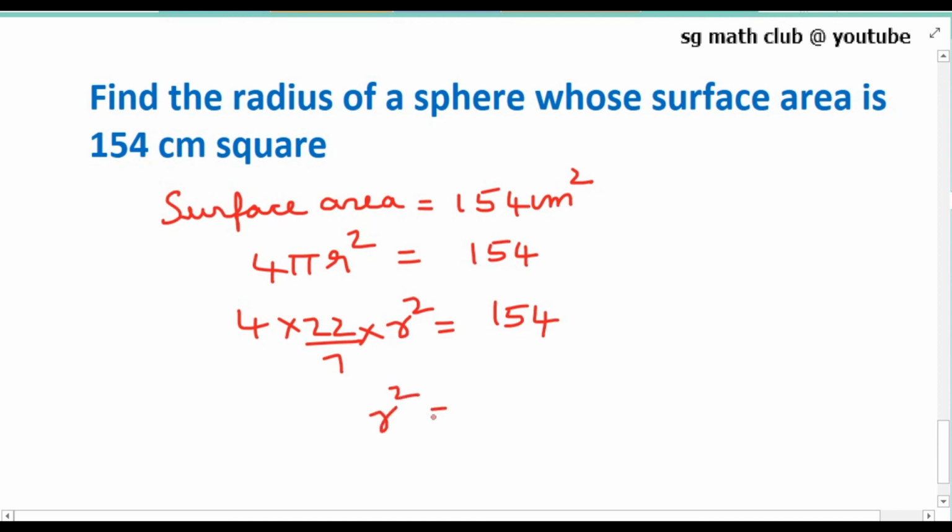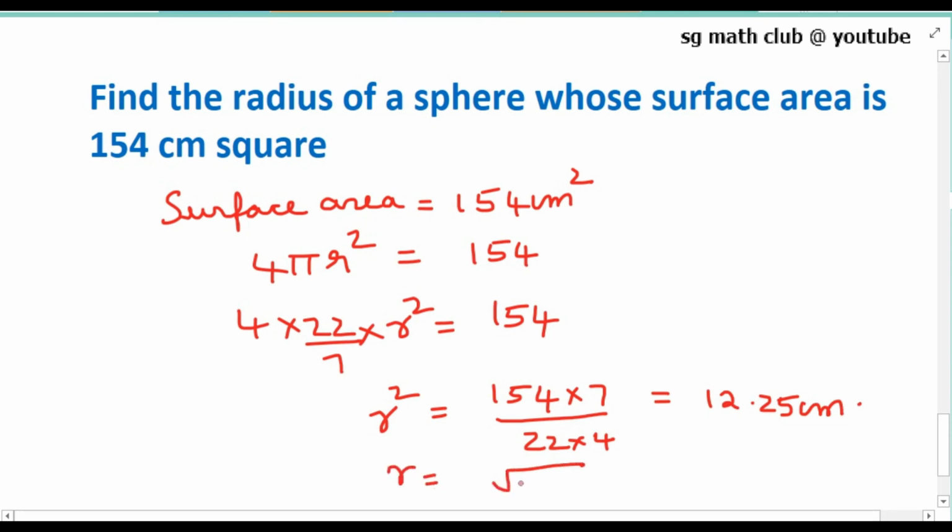R square alone you keep on the left side. Bring everything to the right side. 22 divided by 4. So when you do the simplification, you get 12.25 centimeter square, and r will be square root of 12.25, which is equal to 3.5 centimeter. So radius of a sphere is 3.5 centimeter.